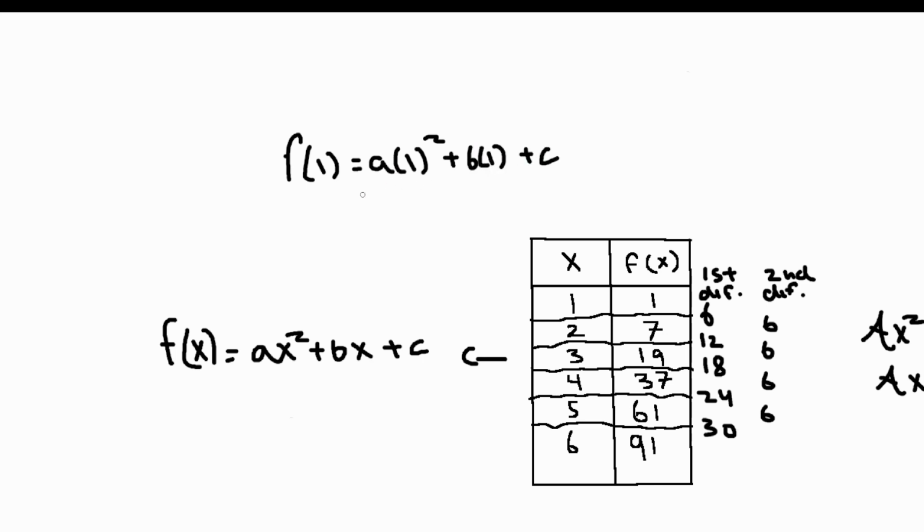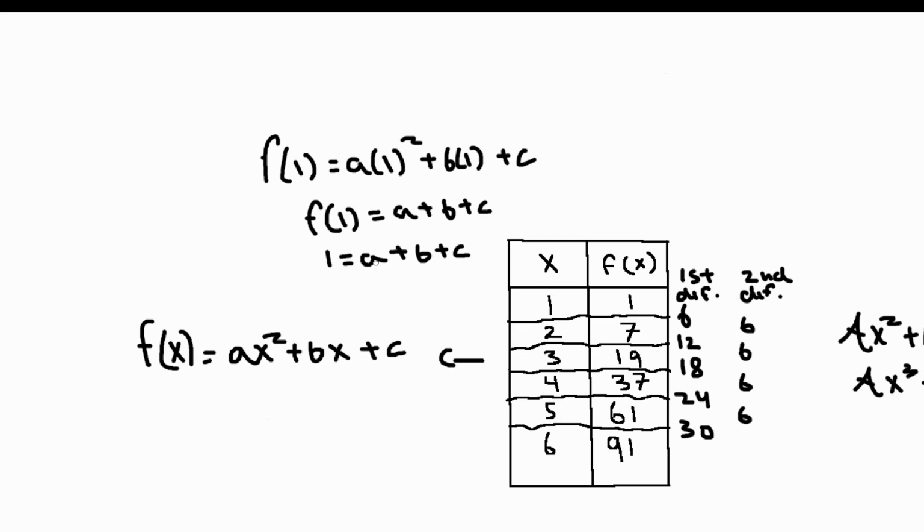This is just going to be f of 1 is equal to a plus b plus c. Well, we know f of 1 is going to be equal to 1 because when we put in 1, we get out 1. So 1 is going to be equal to a plus b plus c. So we have our first equation, but we have to find 2 more.